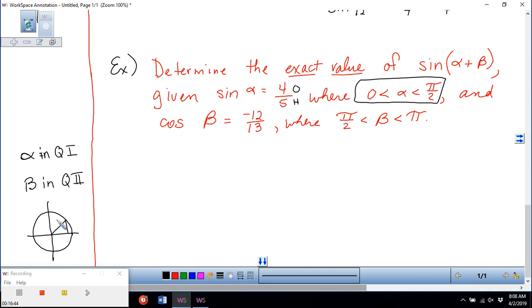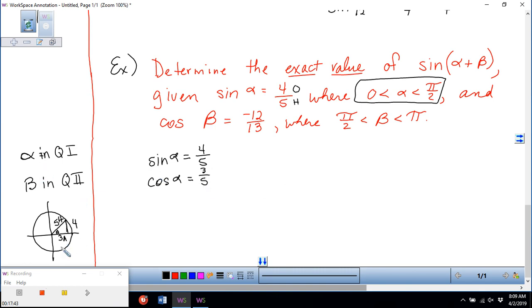So the 5 is my hypotenuse, and the 4 is the vertical side, or the opposite side. So what would this third side be? Well, hopefully you remember your Pythagorean triples, and the third side, the adjacent side, would be 3. So the sine of alpha was already given to us. That was 4/5. The cosine of alpha is going to be 3/5 because we do adjacent over hypotenuse.